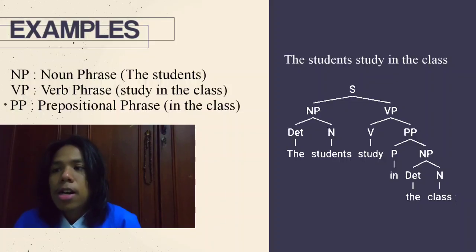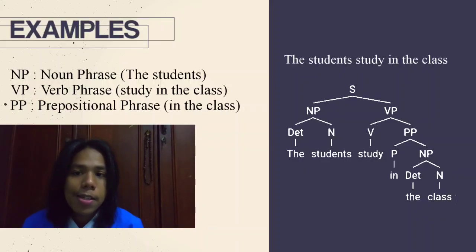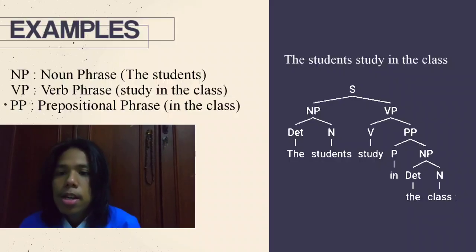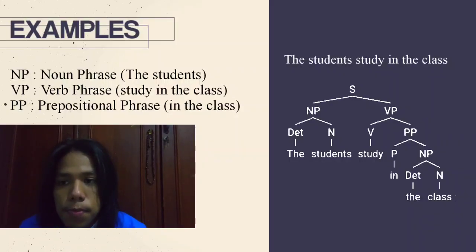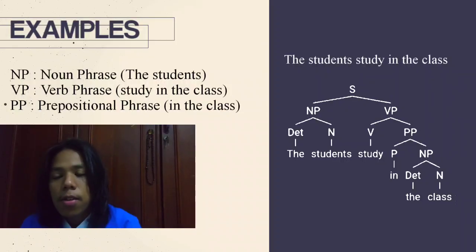Here's the next example, a bit more complex than before. The sentence is "The students study in the class." Here we can see the noun phrase and verb phrase. The noun phrase is "the students," and the verb phrase is "study in the class." We can analyze from both: "the students" consists of a determiner and a noun, creating a noun phrase, and the verb phrase has "study" and the prepositional phrase "in the class."